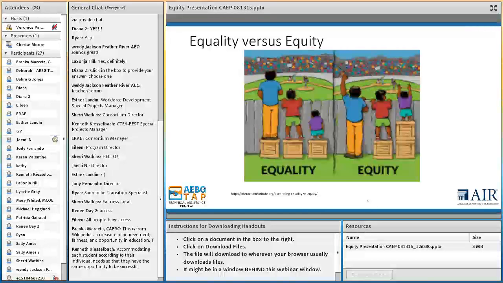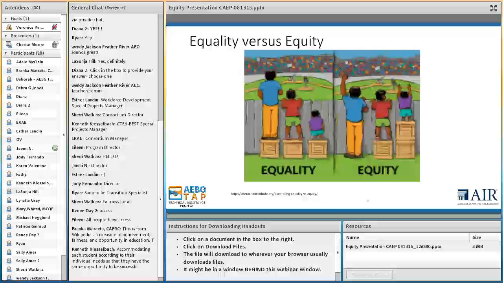Equality versus equity. When you think about equal, everybody has the same. But if you look at the kids on the equal side, on the left side of this pane, not everyone is going to be successful by having the same. Equity levels that playing field.